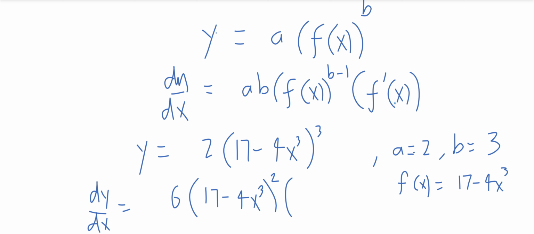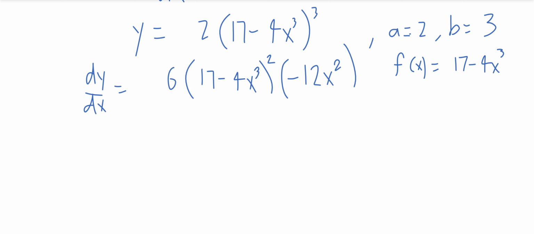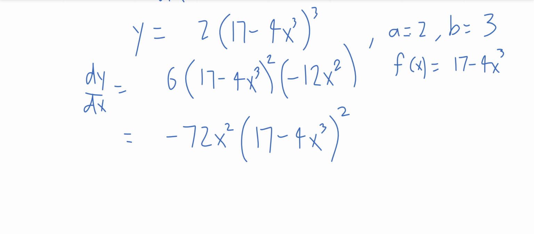And then all of that multiplied by the inside of the bracket differentiated, which is minus 12x squared. And then again, simplifying, 6 multiplied by minus 12x squared is minus 72x squared multiplied by (17 minus 4x cubed) squared.